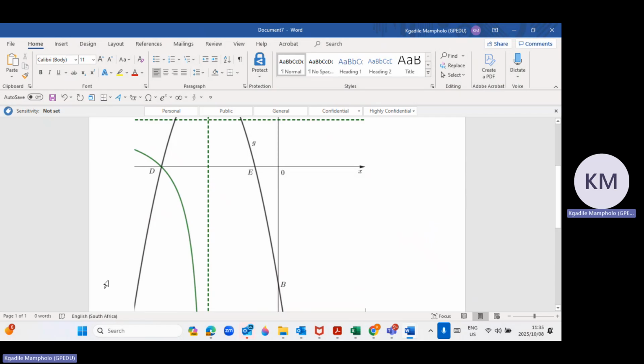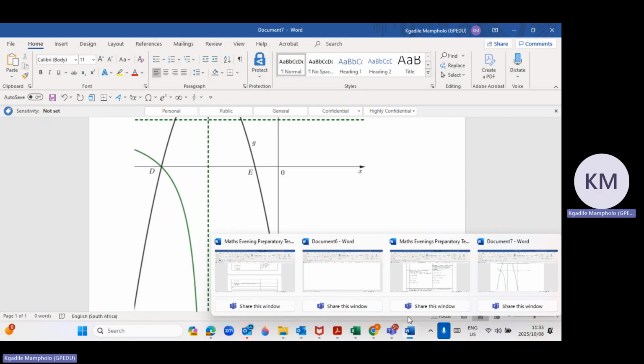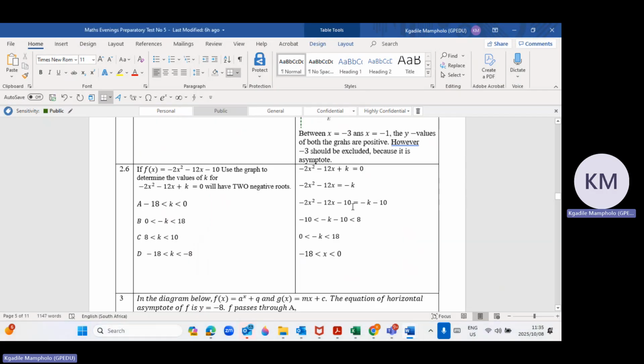X here will be positive, x here will be negative. The negative roots, you can only get them between the y-intercept and the turning point. So that is why I will say between this minus k minus 10, which is the same as y. Remember, this equals y, and then it means this is also equal to y.